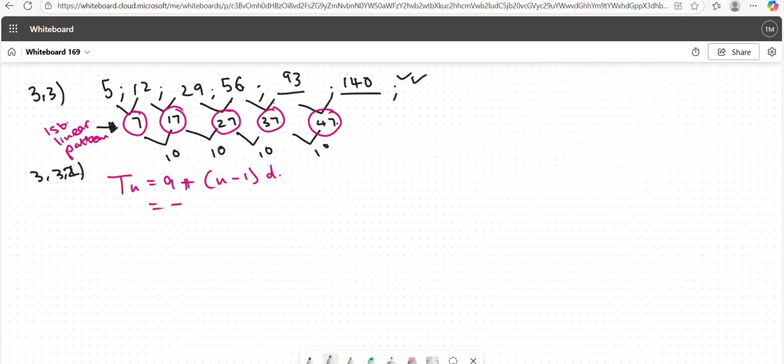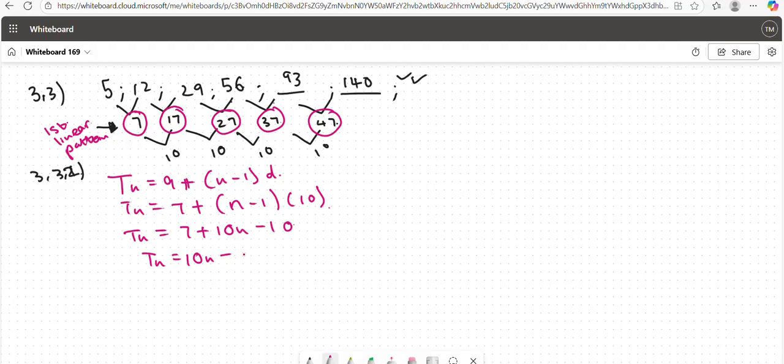Our first term is a 7, so we have 7 plus (n minus 1) times 10. If you substitute and expand those brackets, you get 7 plus 10n minus 10, and 7 minus 10 gives me negative 3.